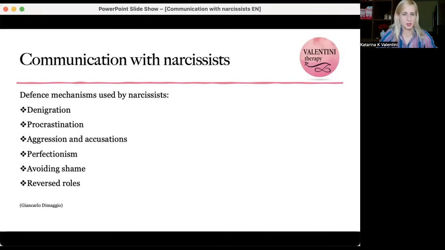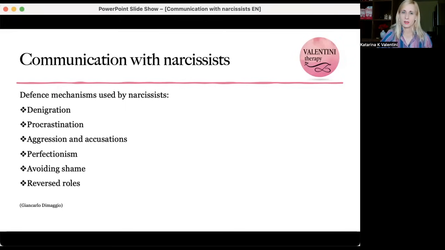Whenever narcissists feel attacked, even though it's not our intention to attack them, they will counterattack. And when they counterattack, they do not attack what we said or what we did. They attack us personally. They start attacking our personal qualities or our faults as they see them.